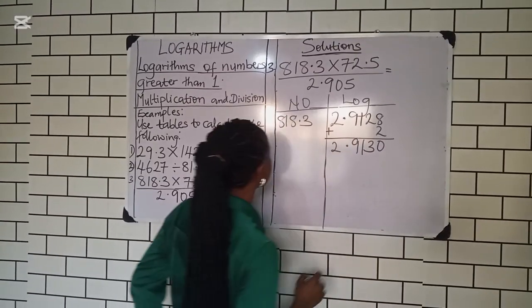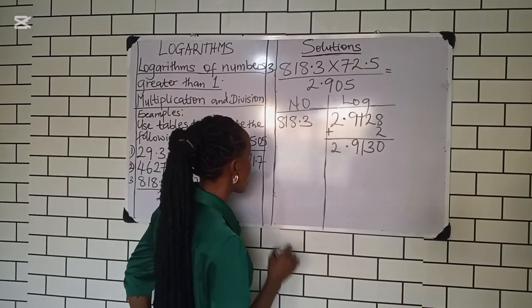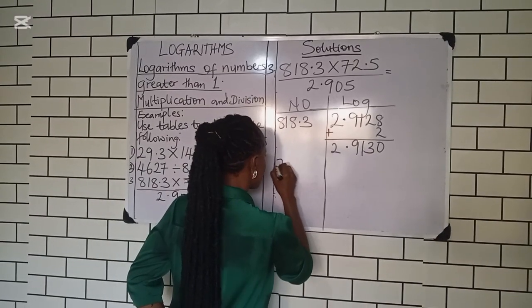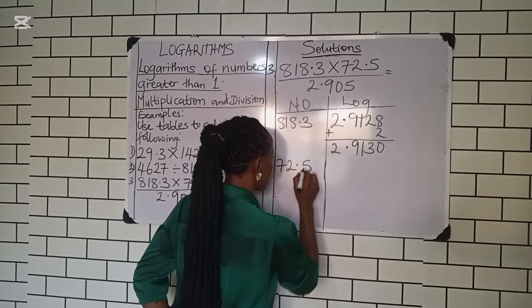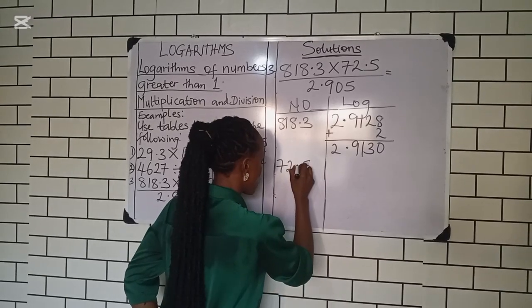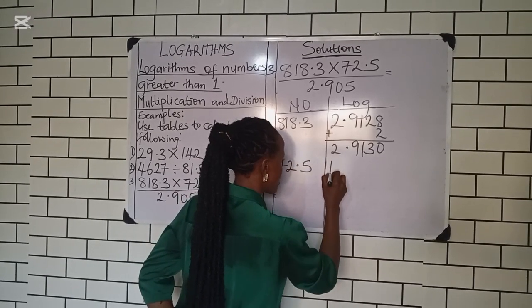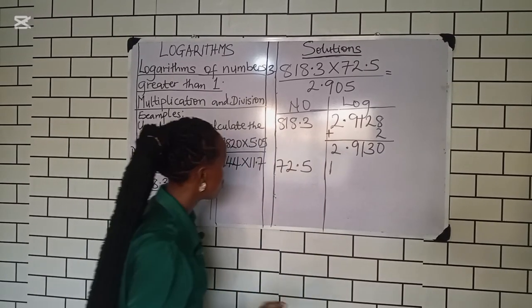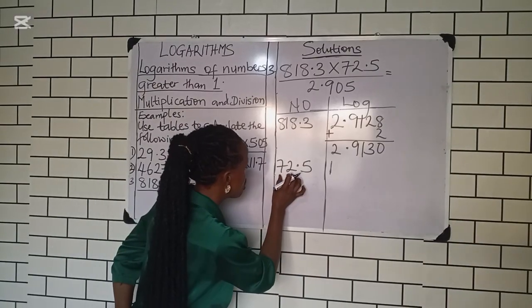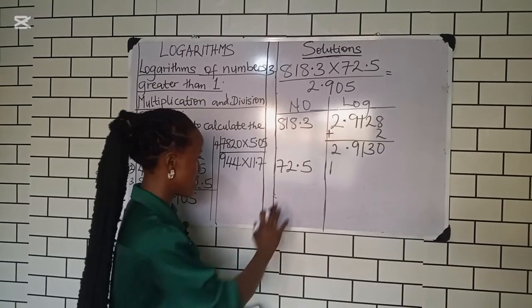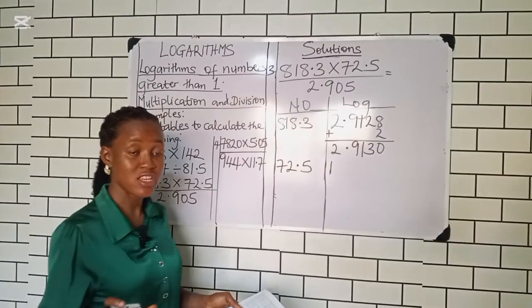Now the second number here is 72.5. The characteristic part here is 1, a positive 1. Remember our method. Now we're going to look for 72 under 5. There's no other number here, therefore we're not going to find the difference here.